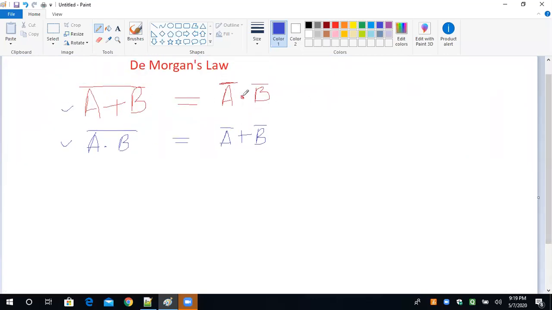Okay, no problem. So I have to draw a truth table. Two variables are there. So initially I have to start with A, and after that we have to take B. Here the AB whole complement.